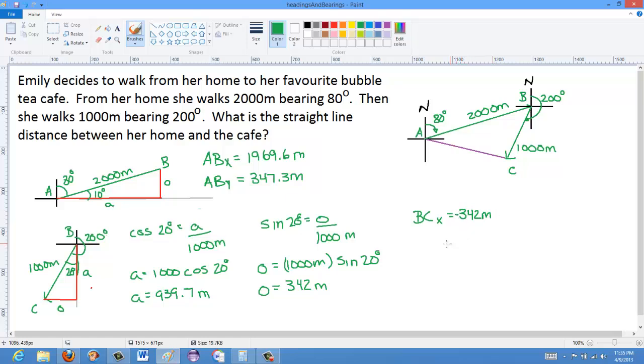So it's going in the negative direction. And BC in the y direction, starting from here and going down, is negative as well, equal to negative 939.7 meters.